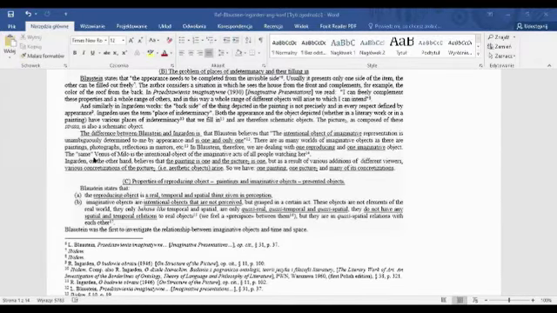The same Venus of Milo is the intentional object of the imaginative acts of all people watching her. Ingarden, on the other hand, believes that the painting is one and the picture too is one, but as a result of various additions of different viewers, various concretizations of the picture too arise. So we have one painting, one picture too, and many of its concretizations.